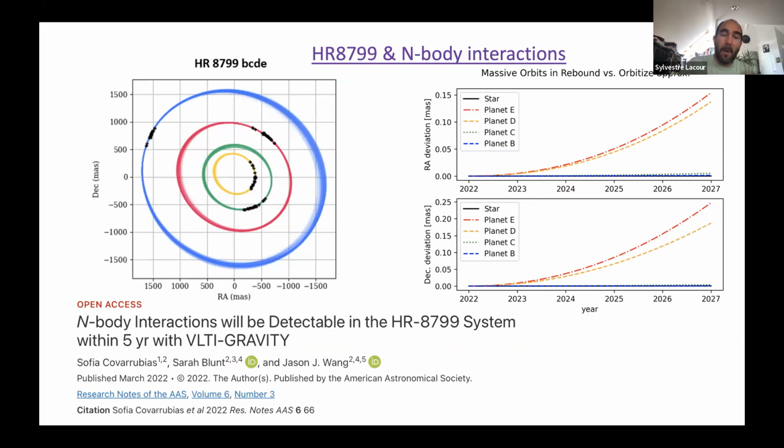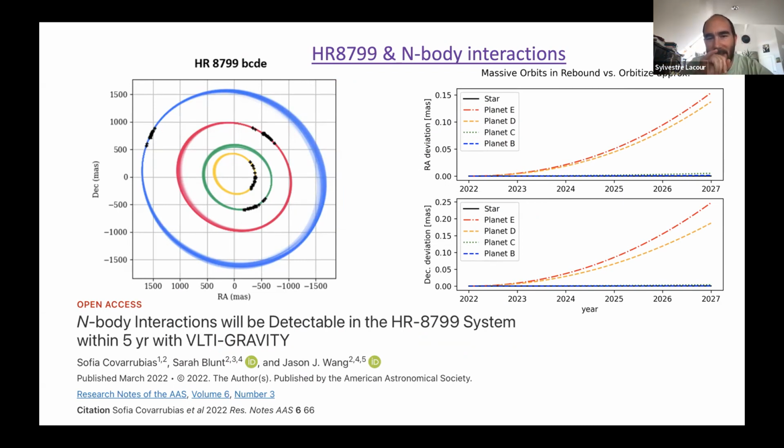If you go to an even more complex system like HR 8799, we could predict. So here it's a simulation. It's not using Jacobi coordinates. Jacobi coordinates, it's an assumption. Well, maybe it's a little bit complicated, but Jacobi coordinates, it's a change of reference where you assume that the central exoplanet perturbs the relative astrometry of the outer exoplanets.